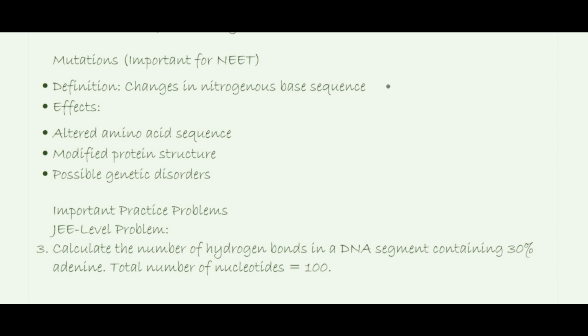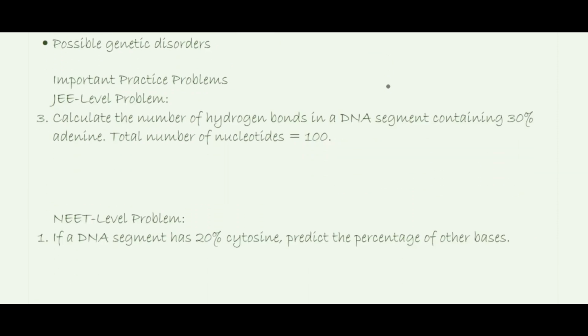Second variant, third variant. Because of these changes in the nitrogenous base sequence, the protein structure changes and an altered amino acid sequence is formed. Okay, this causes genetic disorders. Okay. Let's see some problems related to nucleic acids because that is the most important concept of this chapter.